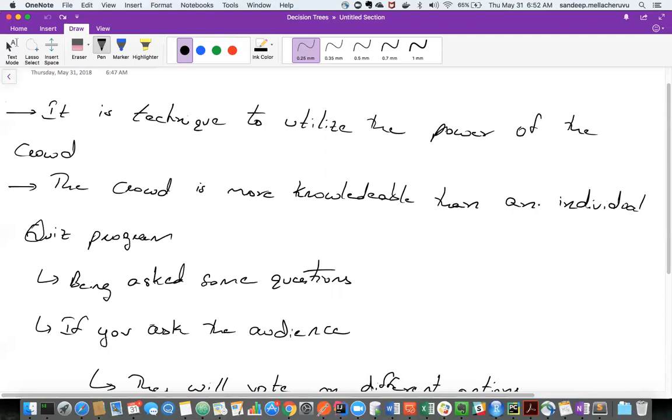Each person has a different area of expertise, and if you combine all of their answers together, you're definitely going to get a right answer given a sufficiently large crowd.